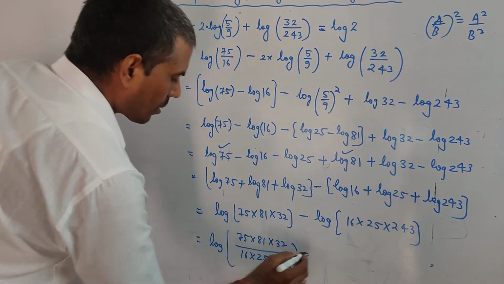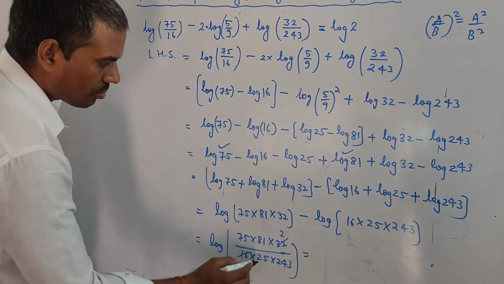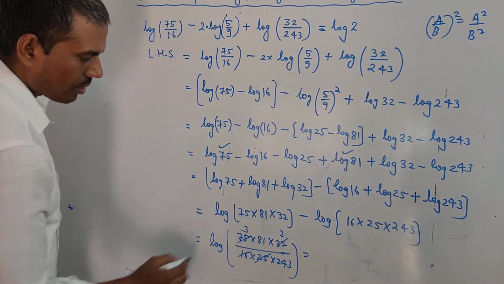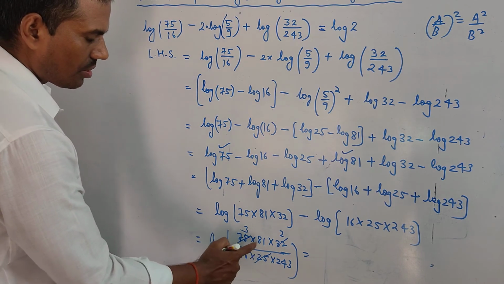After simplification, 16 twos are 32, 25 threes are 75, and 3 ones are 3, 3 eights are 24.